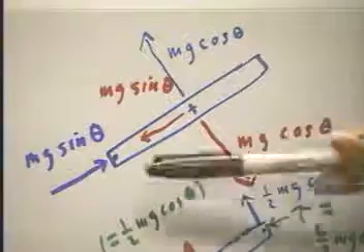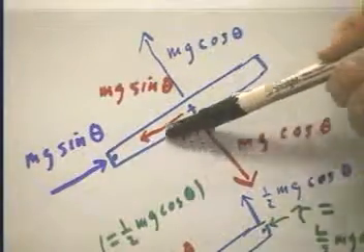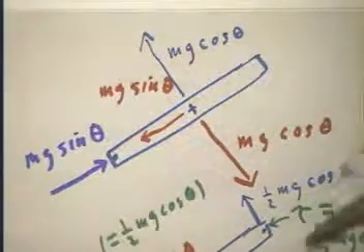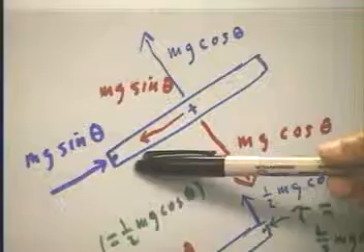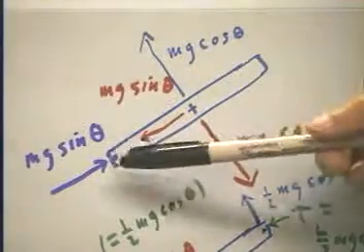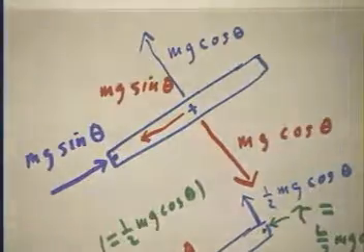Actually, we get less weight component, but we get less and less normal force down here in response to this weight component, and we get less and less friction. So what happens is eventually the beam will slip, and that's an interesting problem to solve. Just exactly what angle will the beam slip if we know the coefficient of friction. But we're not going to get into that here.